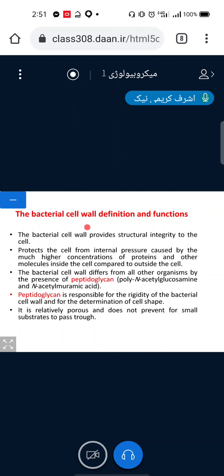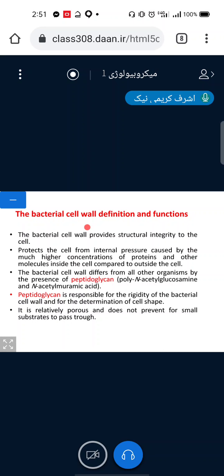The bacterial cell wall is a protective agent against osmotic pressure.